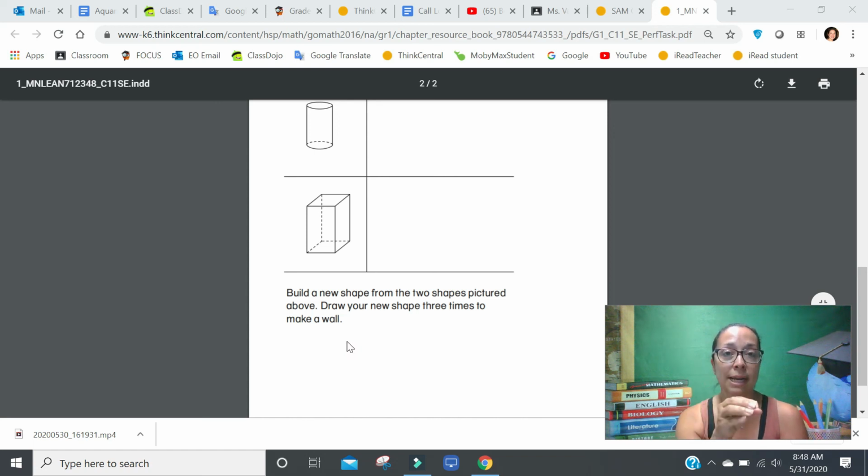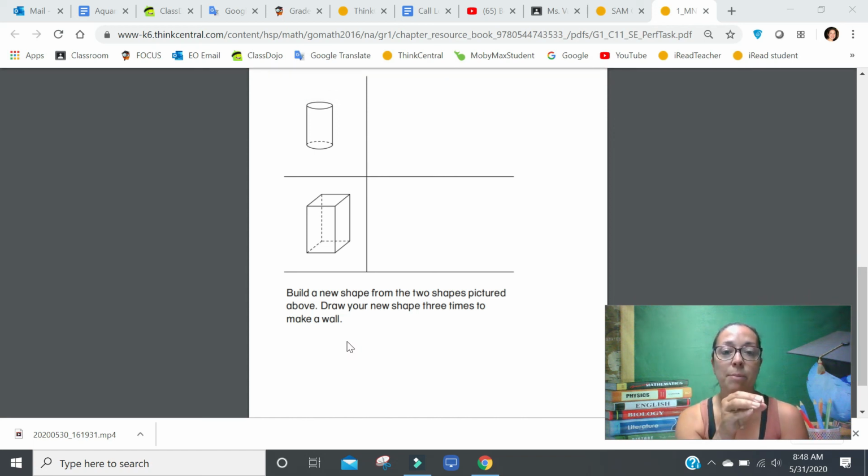Después de combinar las dos, vas a poner esa forma nueva 3 veces para hacer una pared. Okay, so after you combine the two shapes on the top there and you draw them together to make one new shape, then you're going to repeat that so that you have 3 of them to make a wall.